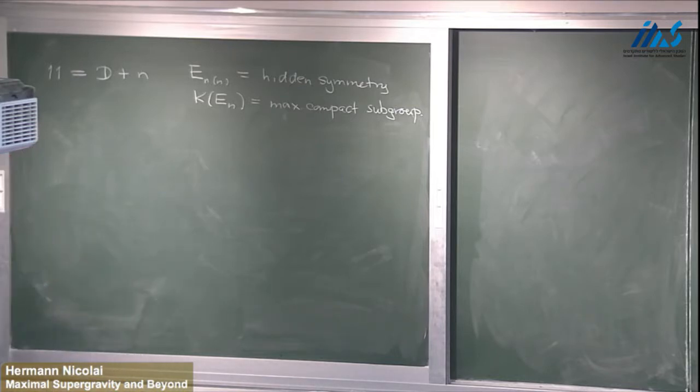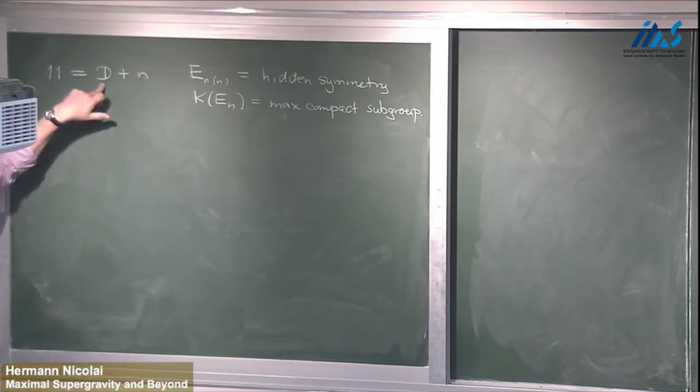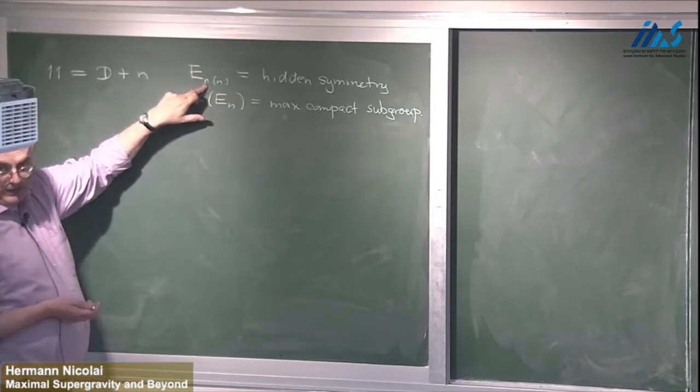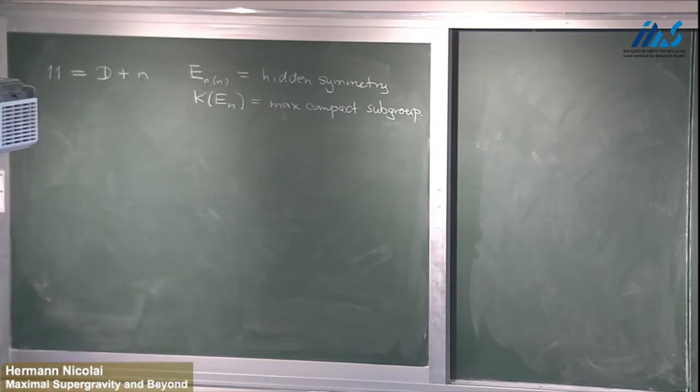The case where this is still completely under control is when we go to 3 dimensions, in which case the hidden symmetry is the E8 symmetry, the biggest among the 5 exceptional groups that were found by Killing and Cartan more than 100 years ago.